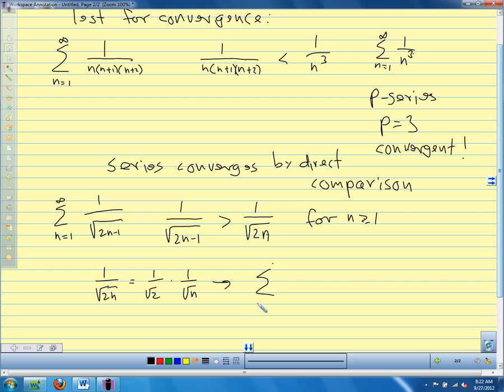So I'm going to say this is 1 over the square root of 2 times the sum n equals 1 to infinity of 1 over square root of n. And what kind of series is this? P series. And it converges or diverges? Diverges because P is 1/2.